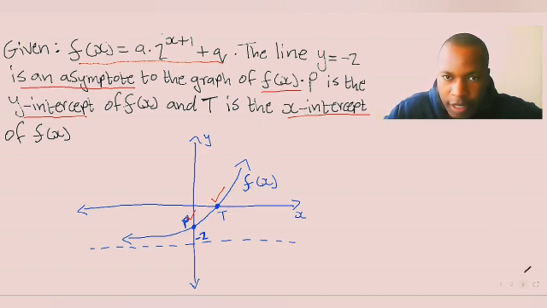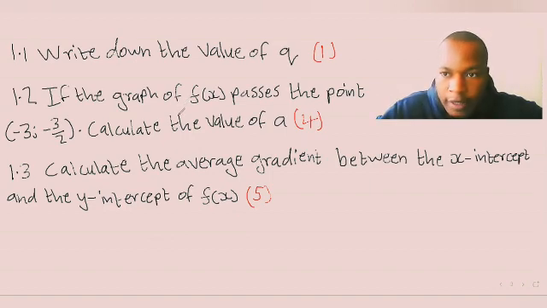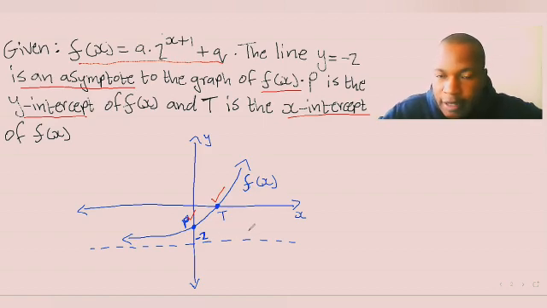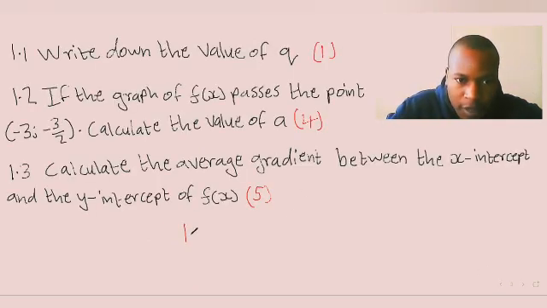The questions here. 1.1 wants us to write down the value of q, and it's only 1 mark. To write down the value of q, we would go back to the diagram as well as the problem stated. The asymptote here was recorded as -2. So maybe let me write 1.1 over here. 1.1 would then just be y equals q.